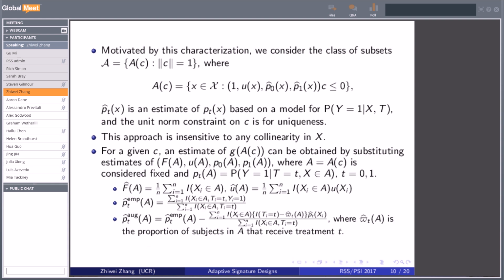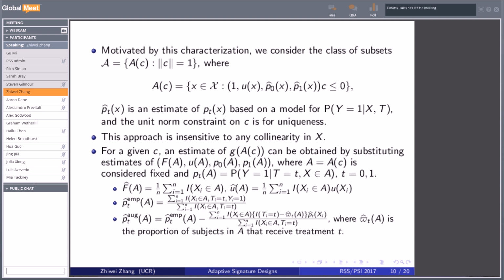So by analogy, we consider a class of subsets of a similar form, where the true success rates are replaced by estimates based on a working model, and the coefficient vector C is arbitrary but has norm 1 for uniqueness. Here, we don't need to worry about any collinearity in X because we only need the predicted values. Collinearity may be a problem with estimation, but not with prediction.